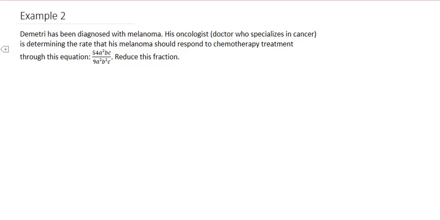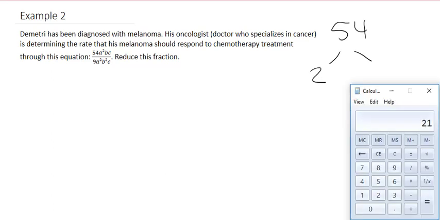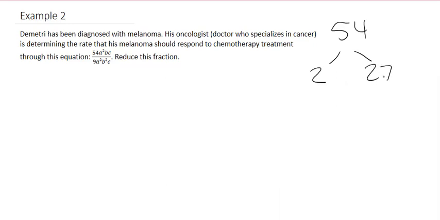So let's go ahead and do our factor tree again. We know it can be divided by 2. So we can just do this real quick. 27. So we have 27.